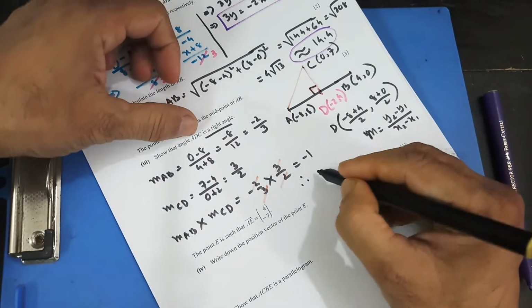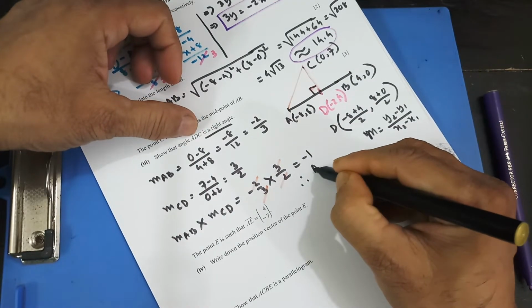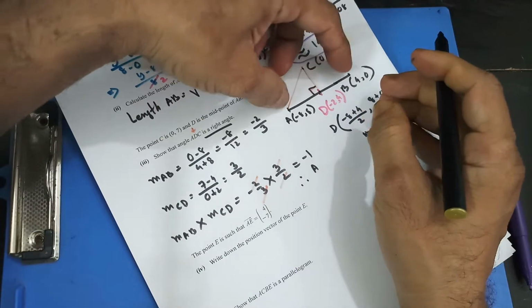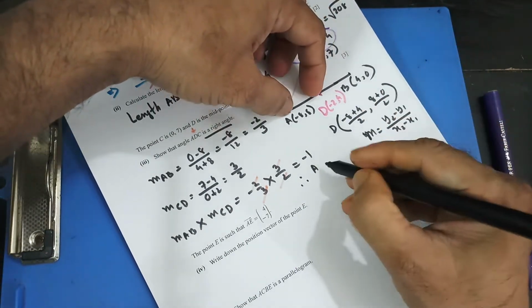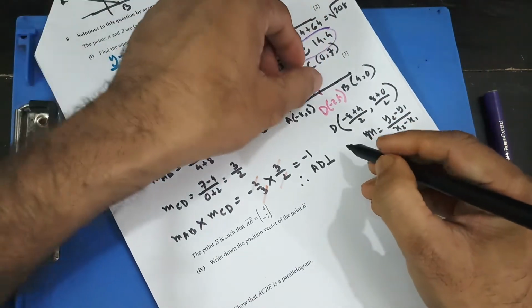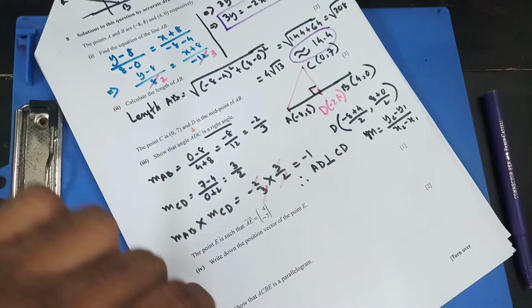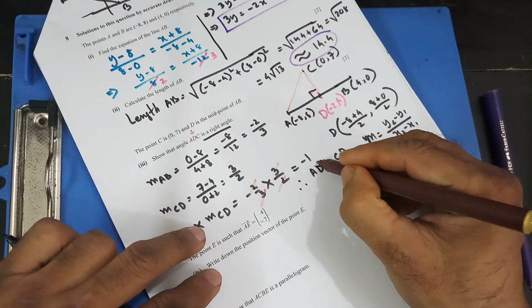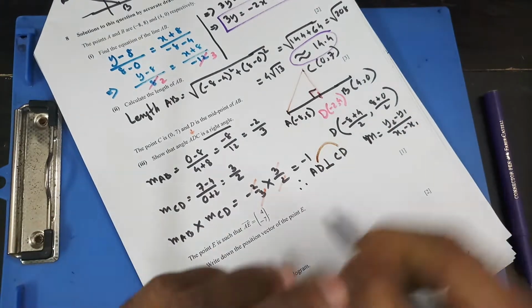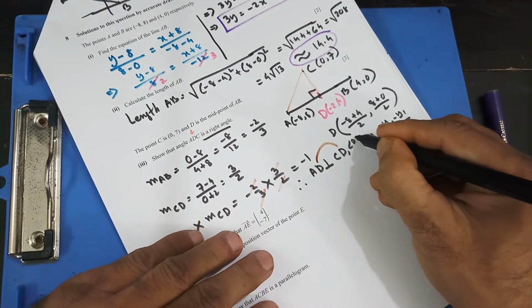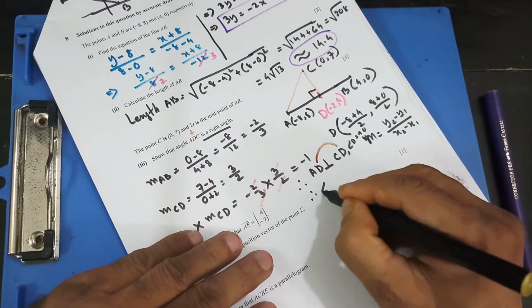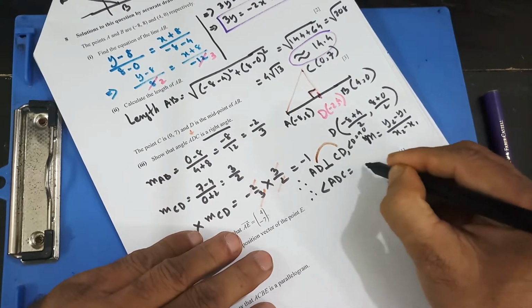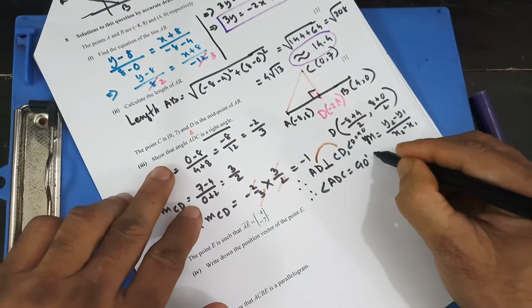Therefore AD, this is a straight line, I don't need to write down the whole thing. AD is perpendicular to CD, and since this right angle is always this common angle, angle D equal to 90 degrees, therefore angle ADC equal to 90 degrees, that's showed.